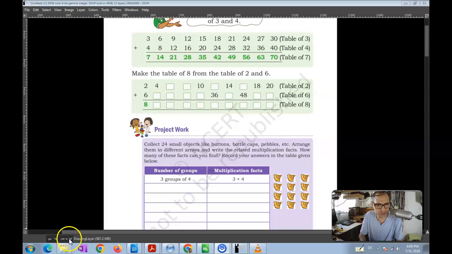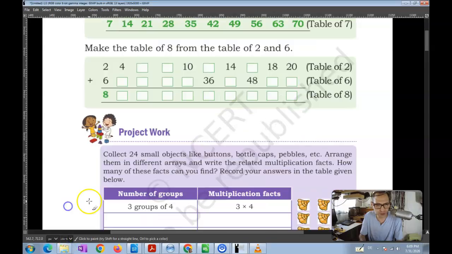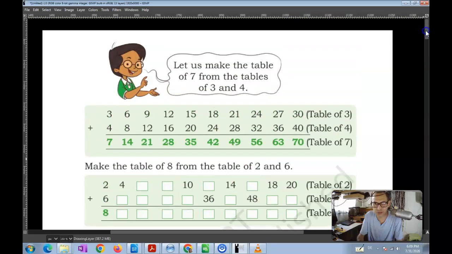There is another interesting relationship that we can find here, and that is the fact that if you want to create the multiplication table for 7, you can use the multiplication tables of 3 and 4, and you can see that 3 plus 4 is equal to 7, and this is the multiplication table for 3, this is the multiplication table for 4, and this is the multiplication table for 7. These are the sums.